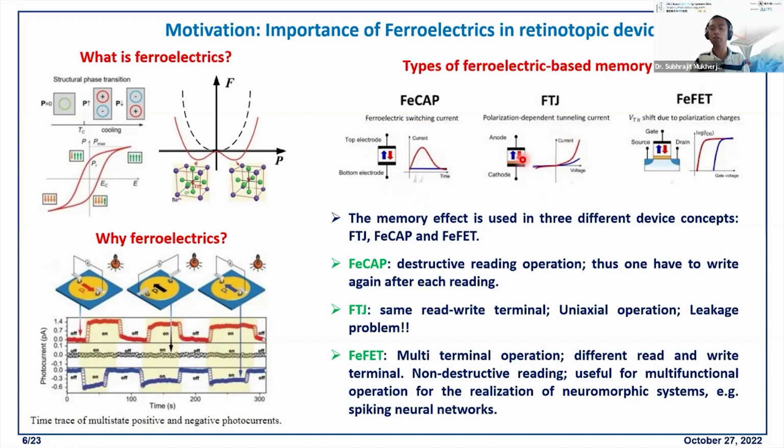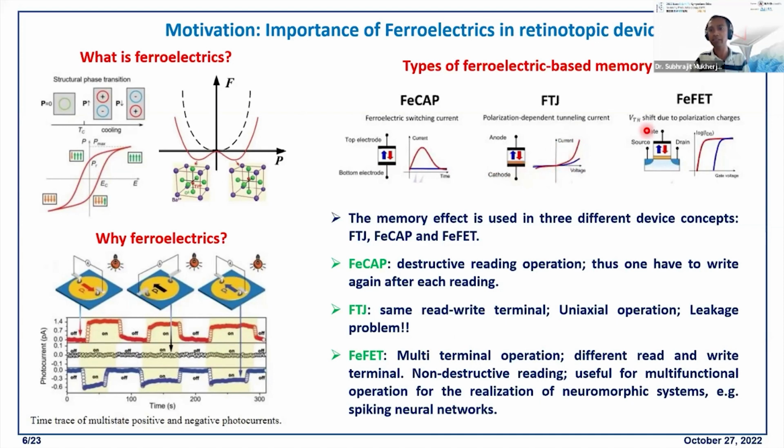You have a very thin ferroelectric layer. If you apply a high electric field, tunneling happens after a certain voltage and you have a very high current in that direction. In the opposite direction, a huge Schottky barrier is formed and you have almost no current. So you get a high current state and a low current state, like a two-state memory device.